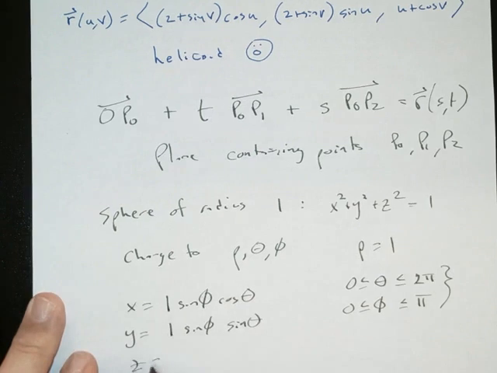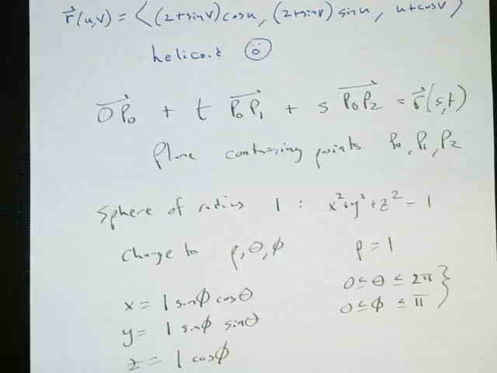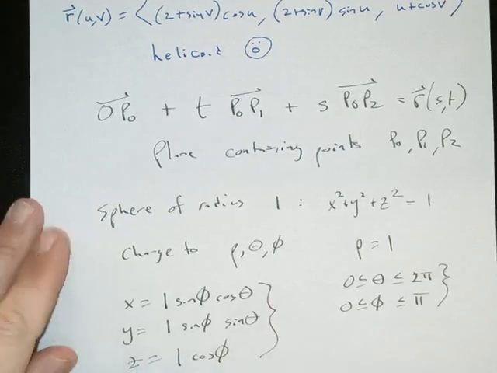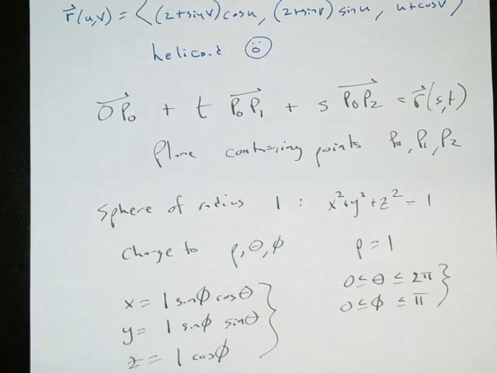And then z equals rho cosine phi. But we said that our radius was 1. Hey, look at this. That describes my sphere in 2 variables, theta and phi. Go out a distance of 1, go around and up to down. The grid lines are lines of latitude and lines of longitude.